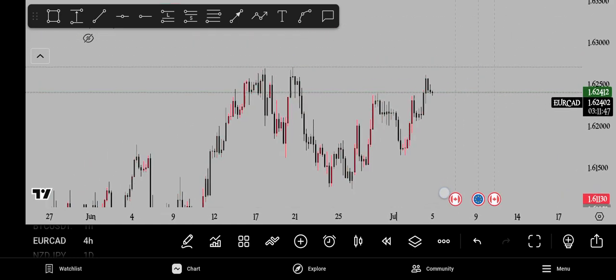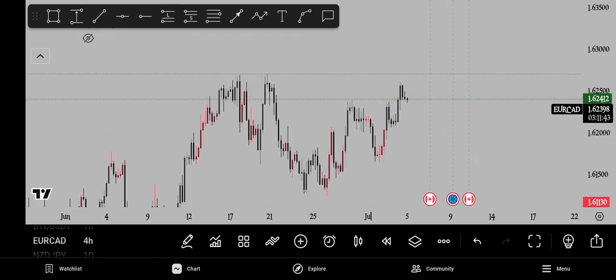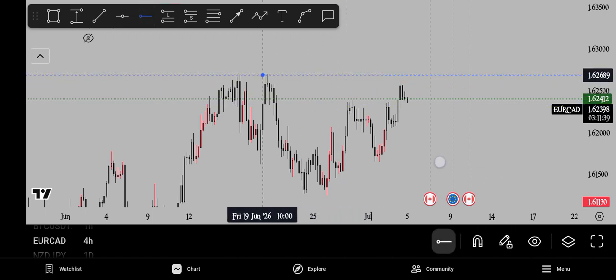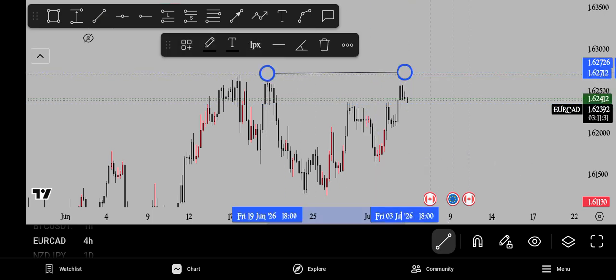Coming back to Euro Cad, this is the 4 hour time frame. Like I said from our analysis, a quick recap: this was our draw on liquidity last week.